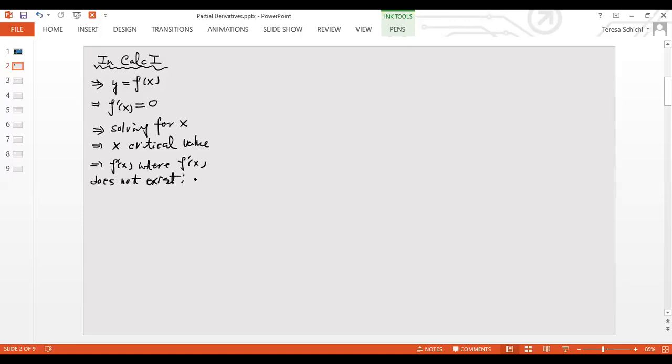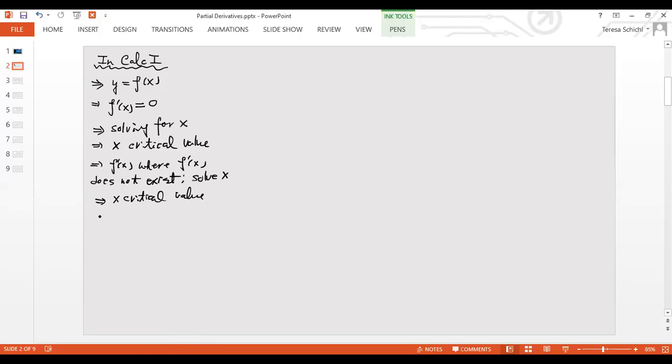So which value of x makes f prime x not exist? This is another critical value we have. So this is how we find the critical values in Calc 1: we set the first derivative equal to 0, or the first derivative does not exist.